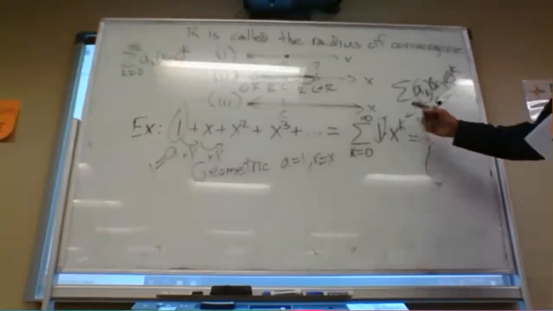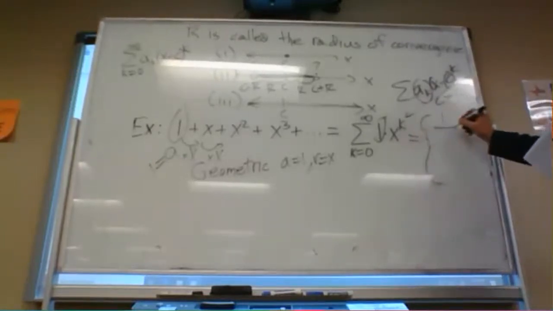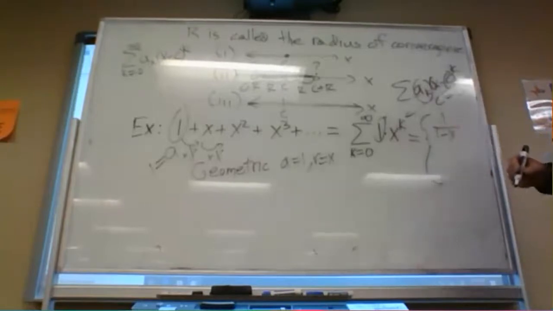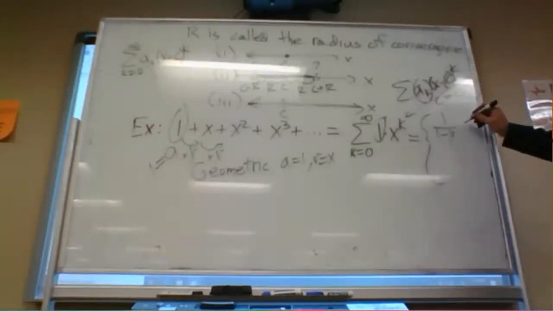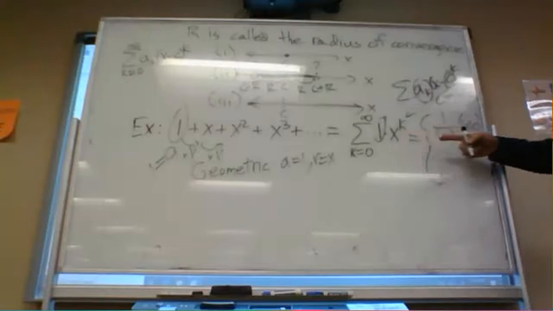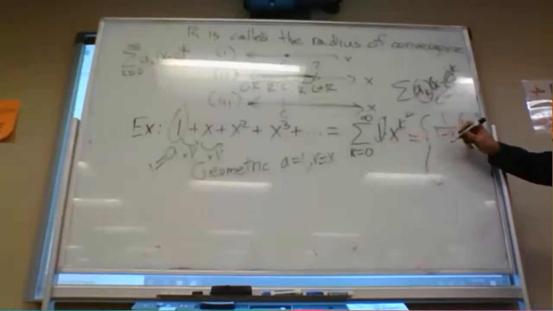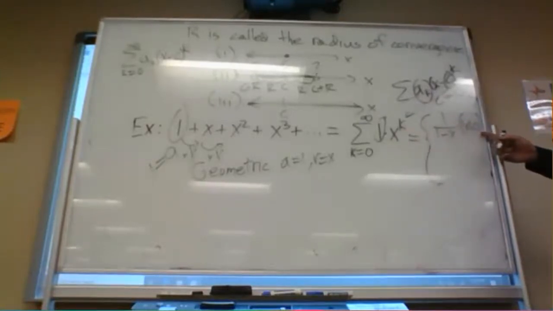We recall that this adds up to what then? There's two cases. It adds up to a over 1 minus r, which is 1 over 1 minus x, if what? Remember? The absolute value of r is less than 1, right? Which, since r is equal to x, is the absolute value of x less than 1.